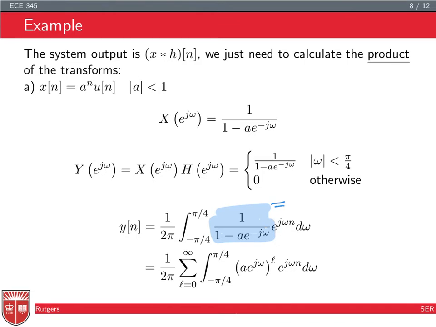This is equal to the sum from L equals 0 to infinity of a e^(-jωL), because the first term is 1, and what you're multiplying again and again by is the ratio a e^(-jω). So that's what I did here. And then I can take the summation out and bring the integral in, and I have to work out this summation.